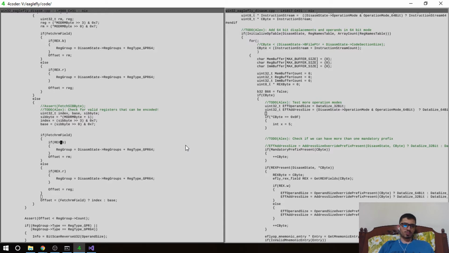If REX.B. Now here the RM field goes for the index, if not goes for the base.